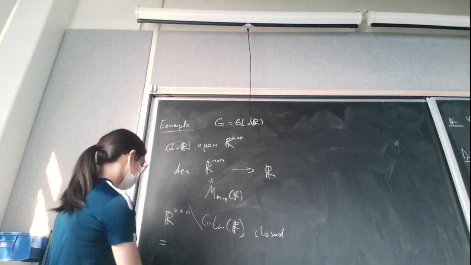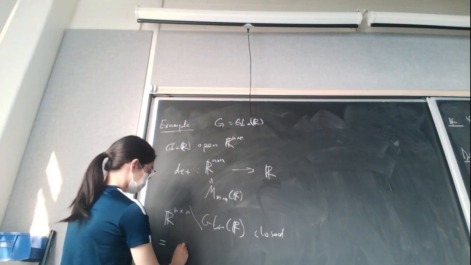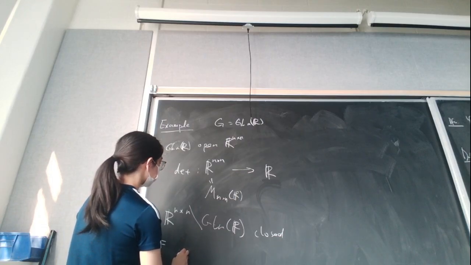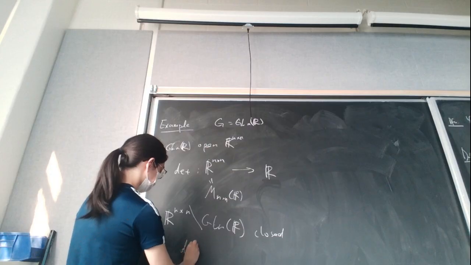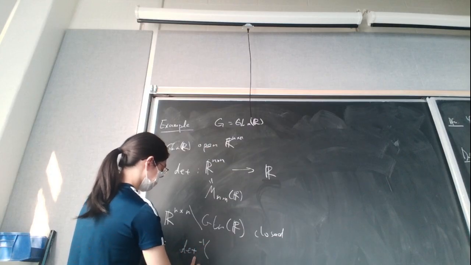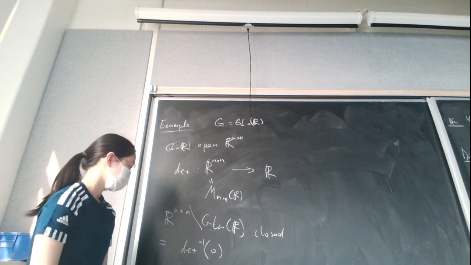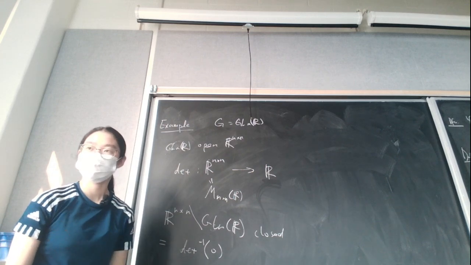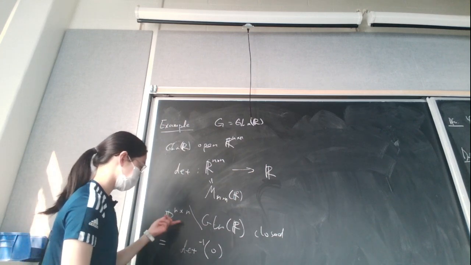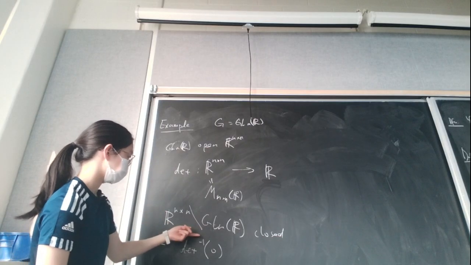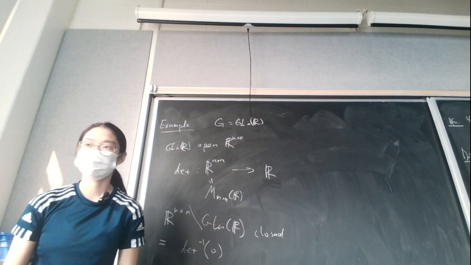So this is zero determinant, the pre-image of zero under the determinant map. This is a continuous map, so this is closed, and so GL_n(R) is open.